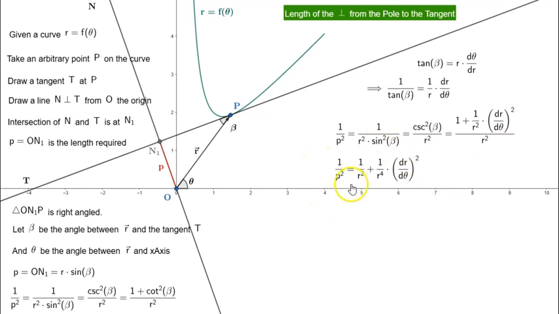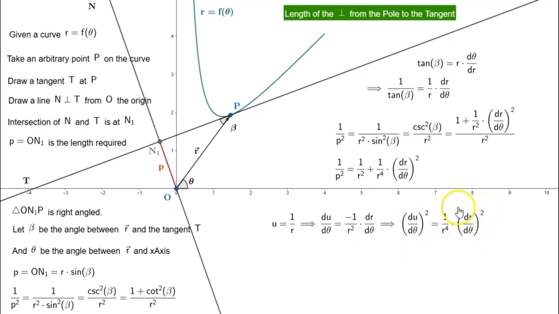Now we can actually stop here itself, but if we want, we can simplify it a little bit further. Let's say u is equal to 1 by r, which implies that du by d theta is equal to minus 1 by r squared times dr by d theta, which implies (du by d theta) the whole squared is equal to, squaring will make this negative sign disappear, so 1 by r to the power of 4 times (dr by d theta) squared.